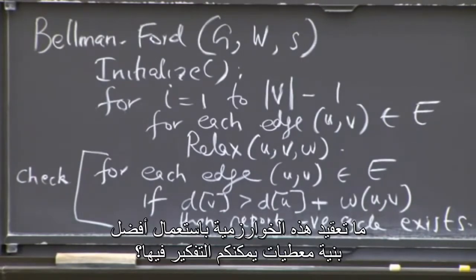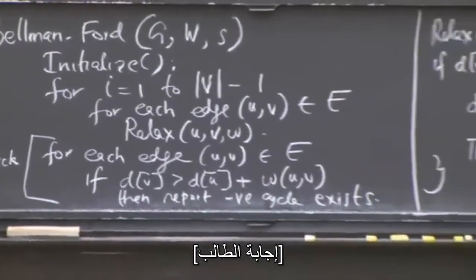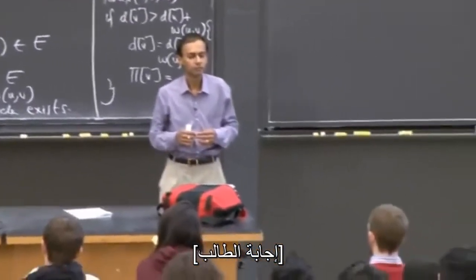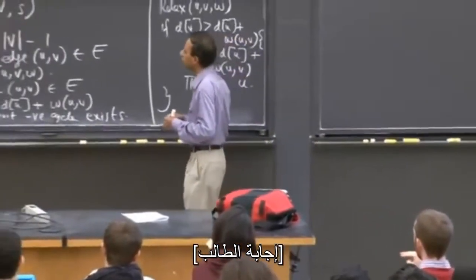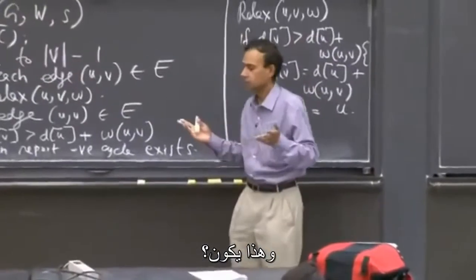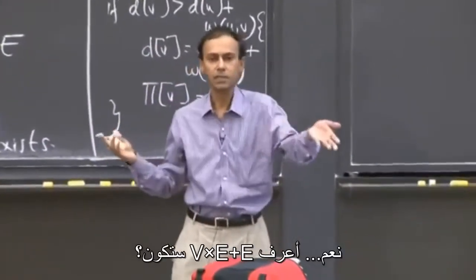So what's the complexity of this algorithm using the best data structure that we can think of? Anyone? Yeah, go ahead. Big O of V plus E if you're using a dictionary to access the edges? Or VE plus E. That's correct.